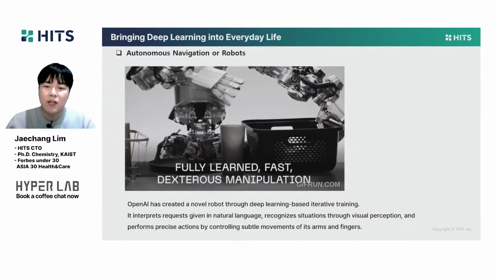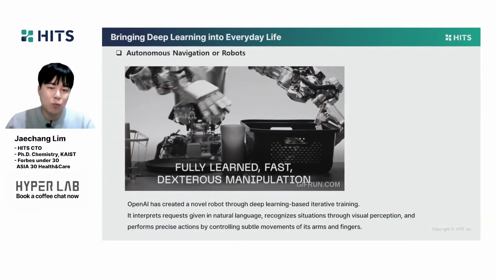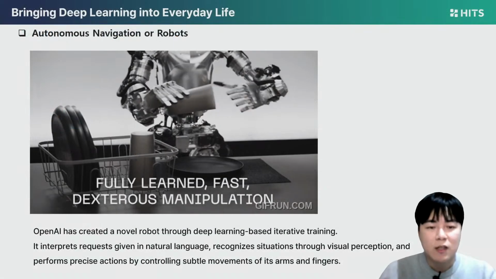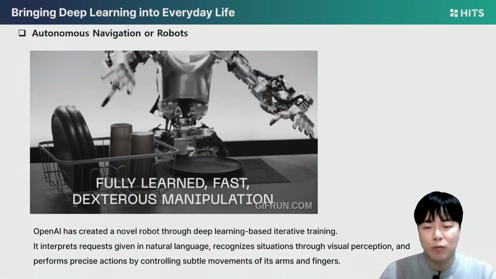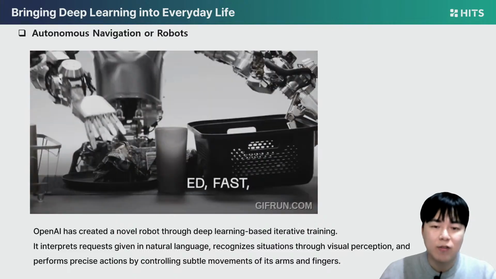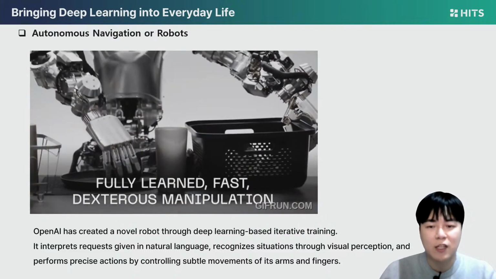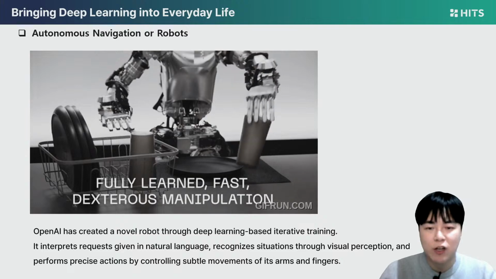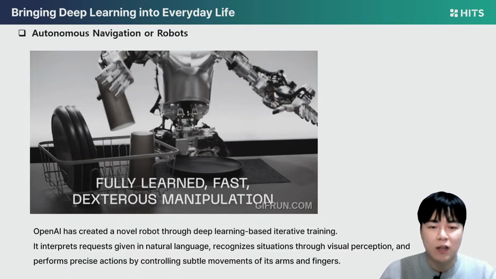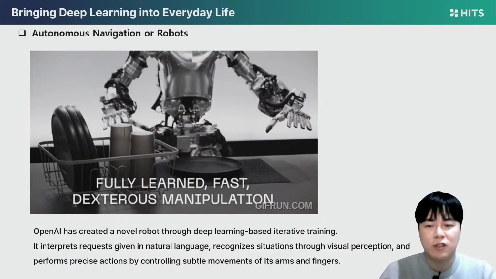Moreover, deep learning can process much more data than humans. For example, the humanoid robot developed by OpenAI listens to human language commands, recognizes situations through reason accordingly, and performs appropriate actions.